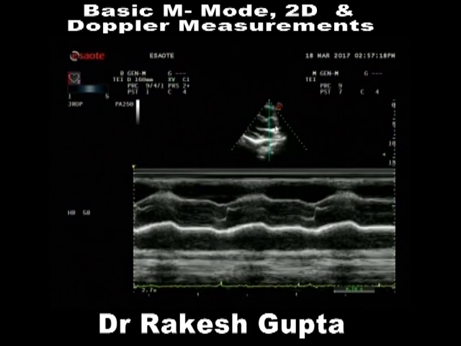Correct? Where will the LA be bigger in size? Beginning of diastole. So the end of the T wave would be the beginning of diastole. Clear or not clear? Then aortic valve opening, from one valve to another valve. When will the aortic valve open? Beginning of systole.